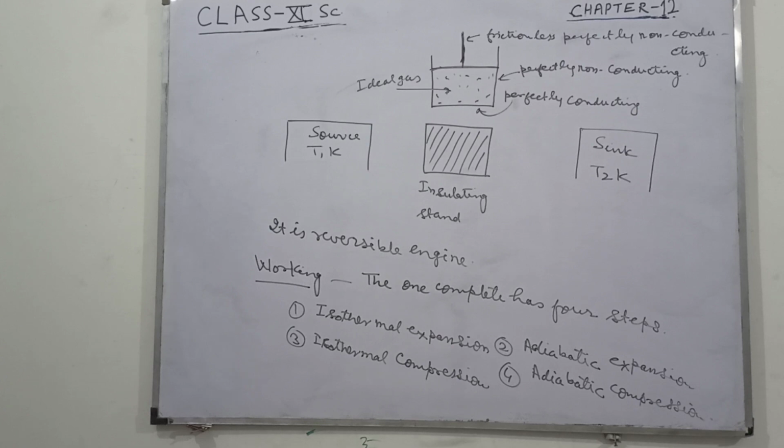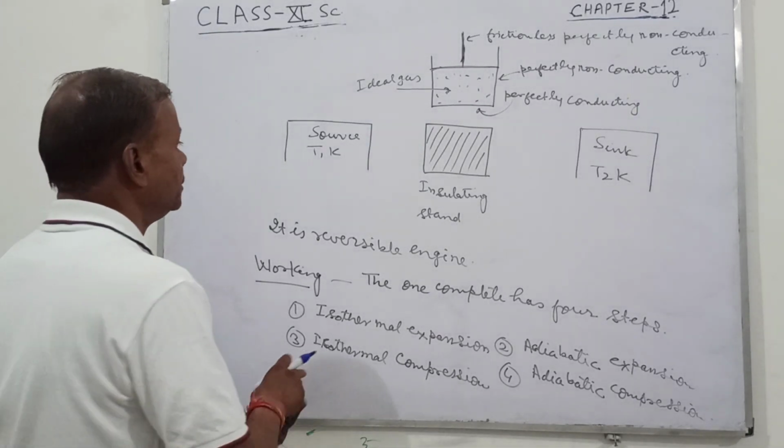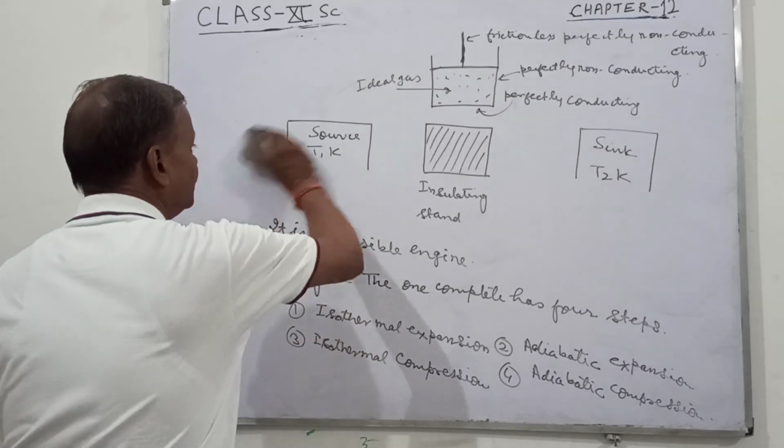So thus there are 4 steps in one complete cycle.